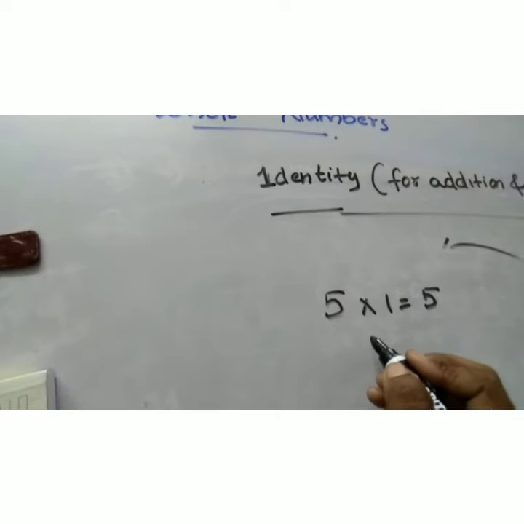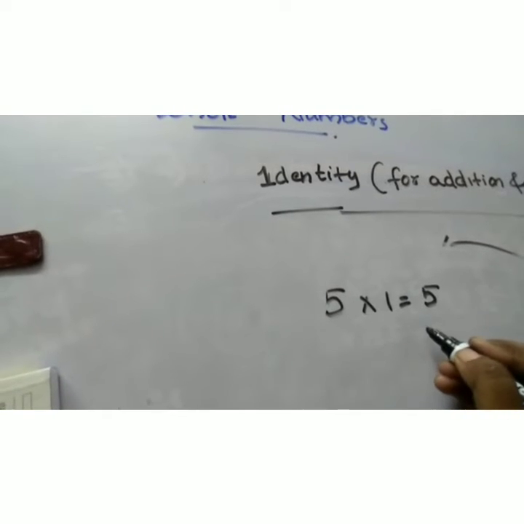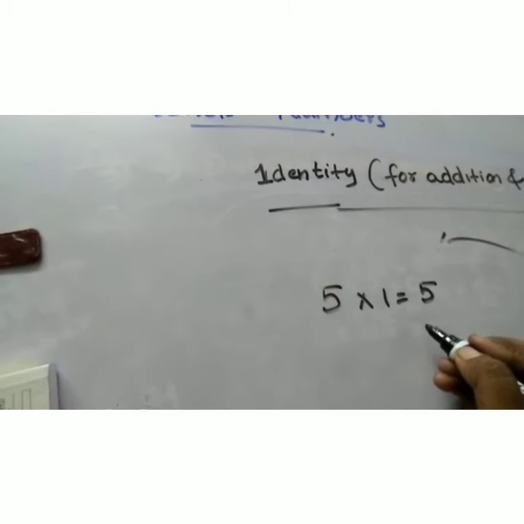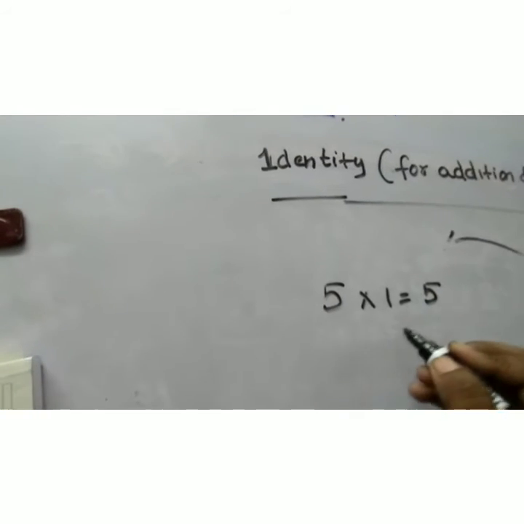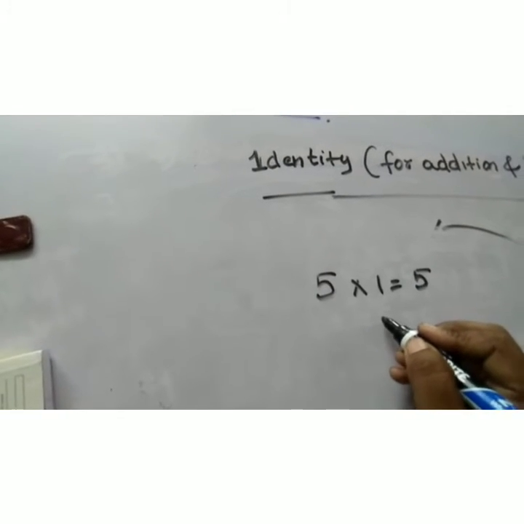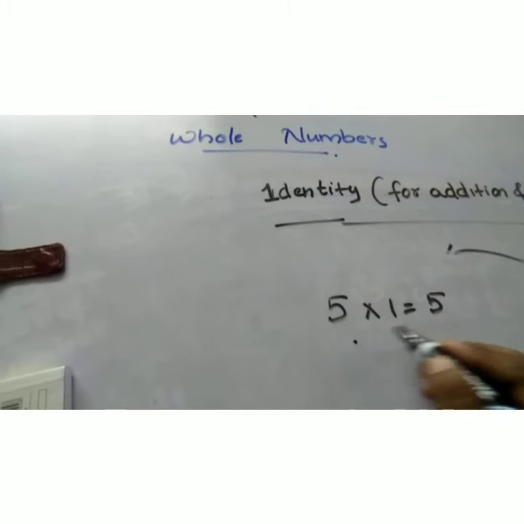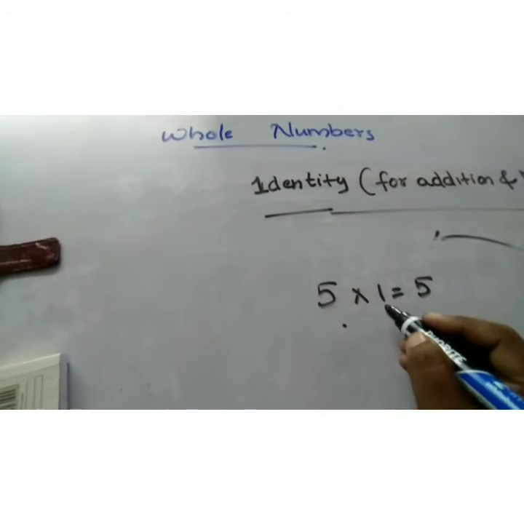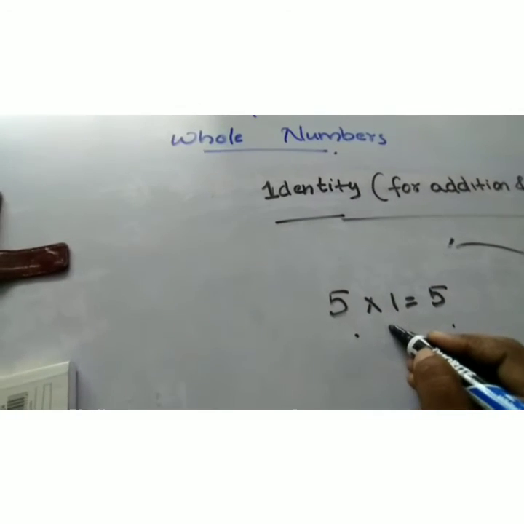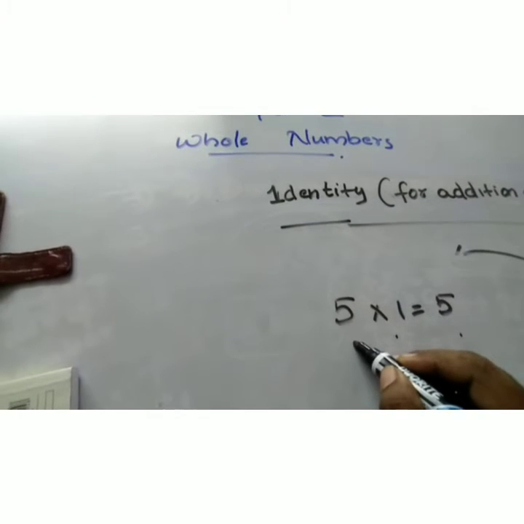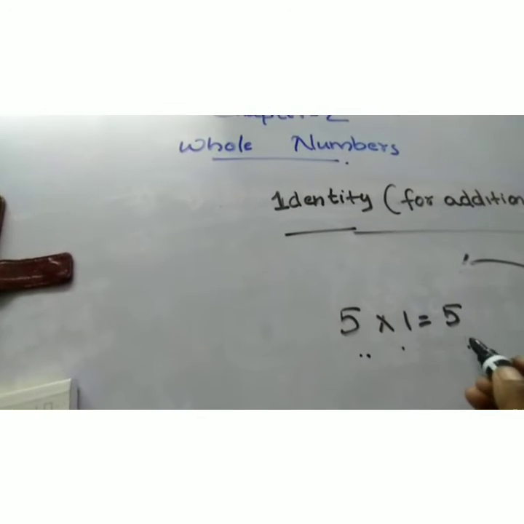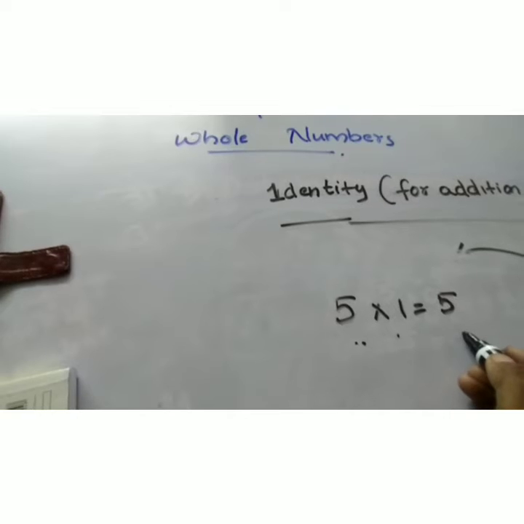A number remains unchanged when we multiply by 1. When you multiply 1 to any whole number, you get the same whole number again.